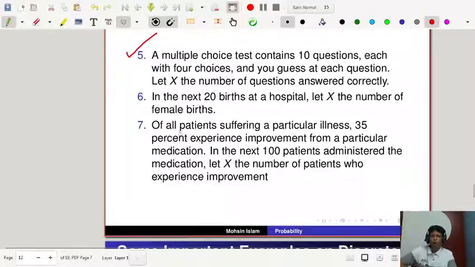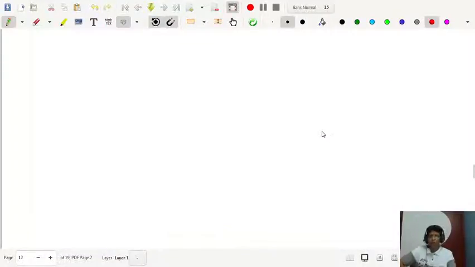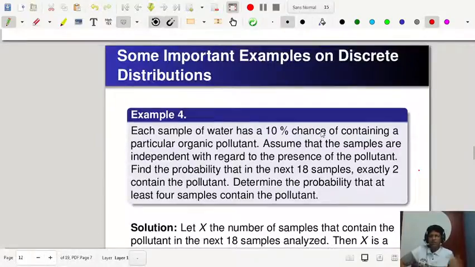And of all patients suffering a particular illness, 35% experience improvement from a particular medication. So you want to test that medication. In the next 100 patients administered the medication, let X be the number of patients who experience improvement. So these are the applications. You can apply the binomial distribution, because it may be success, it may be failure. So binomial distribution is classified into success and failure in this way.